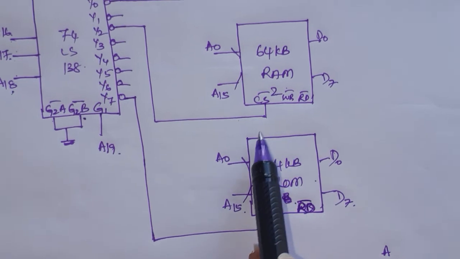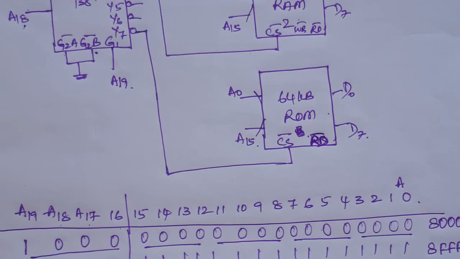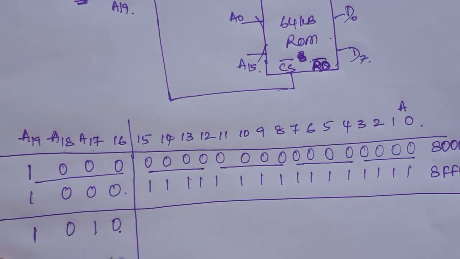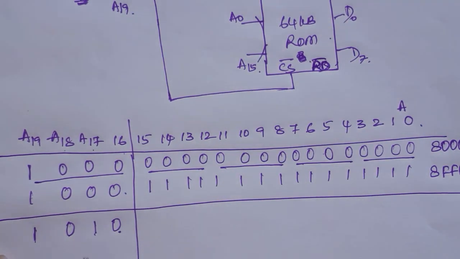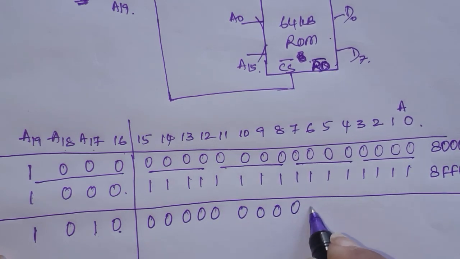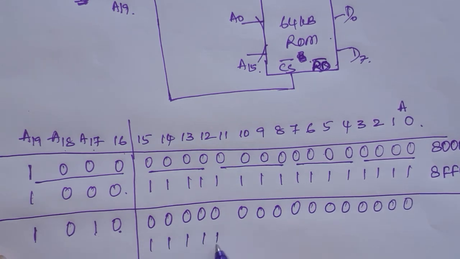The RAM 2 chip is connected to Y2. So what will be the combination for Y2? For Y2, it is 0, 1, 0. I could connect Y1 also to select this particular chip, and accordingly the address would change here. With 0, 1, 0, the start address combination is all zeros and the end is all ones.